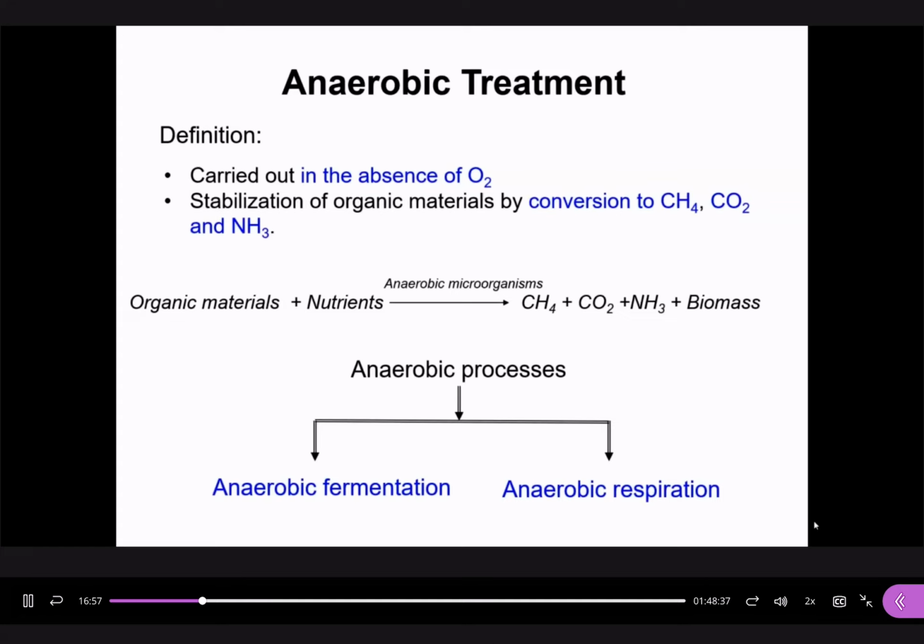What is nitrification? You get nitrate. That's nitrification. And here you have the nitrifying microorganisms.